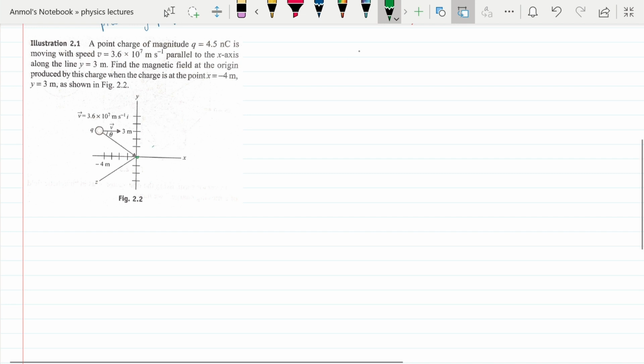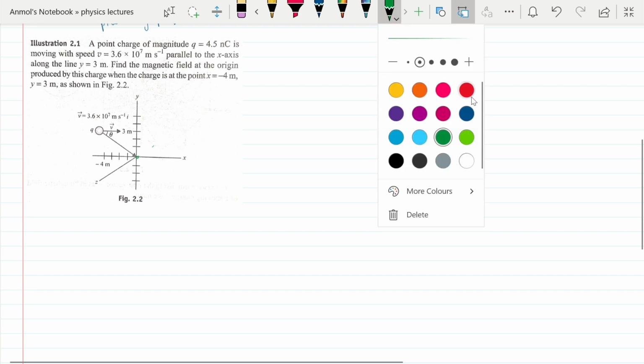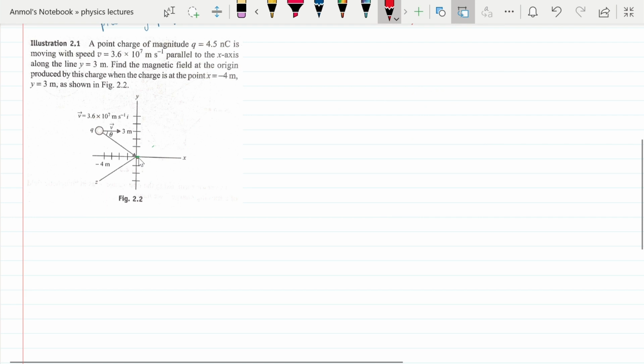This is my point of interest. So I'm interested in finding the magnetic field at point P. Okay, so let us make this again. What will be the direction and what will be the magnitude? Let's suppose your charge Q is moving in this direction.